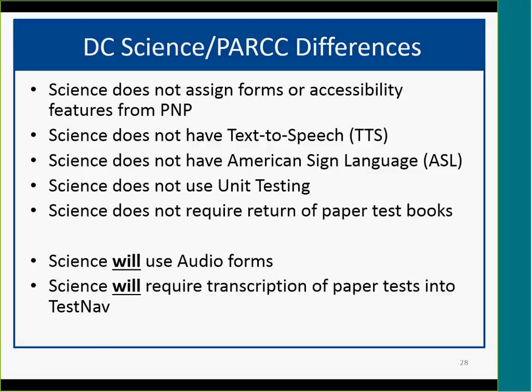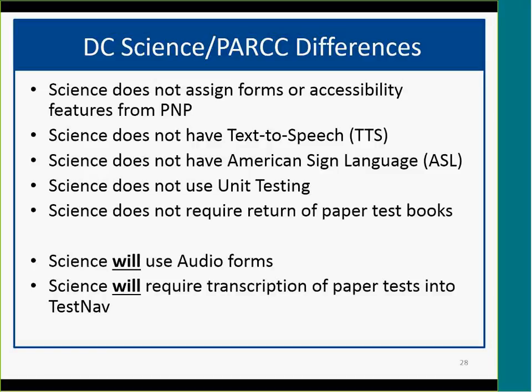So science, as previously mentioned, will not assign forms or accessibility features based on what is entered for the student's PNP. Again, anything entered into PearsonAccess Next related to the student's PNP is for documentation purposes, not auto-assigned.